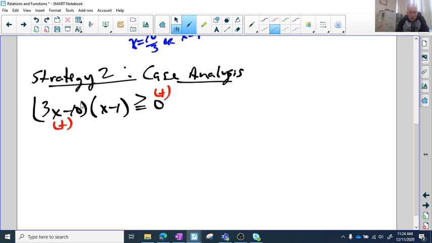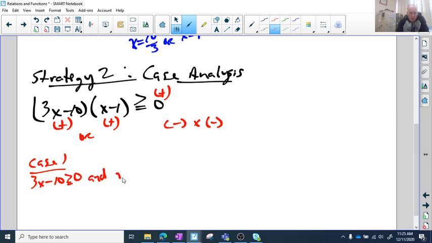So the only way to multiply two things together and the answer be positive is if you multiply a positive by a positive, or you could multiply a negative by a negative. That would also give you a positive. So what we do is we do a case analysis. We say, well, case 1, maybe the first bracket, 3x minus 10, is positive. Because there's equal to 0, we'd also put equal 0.